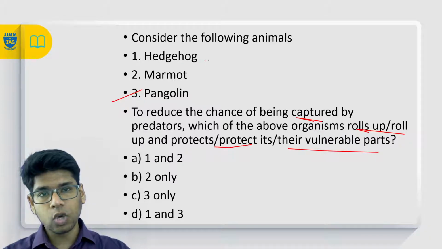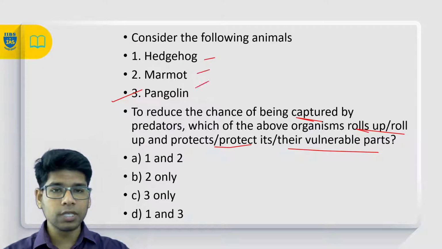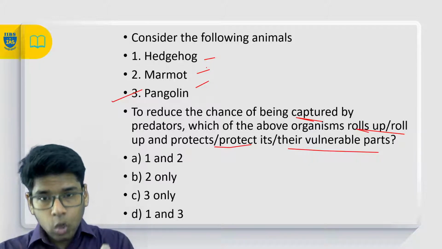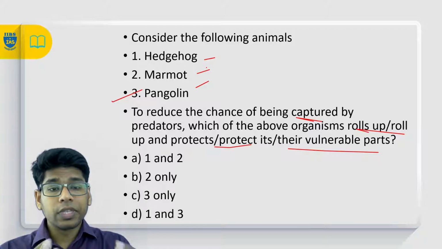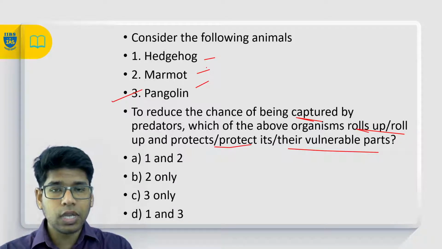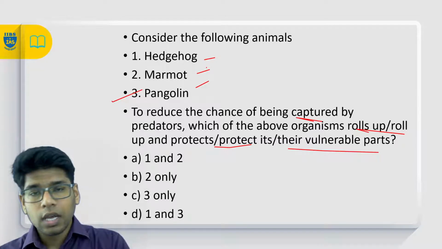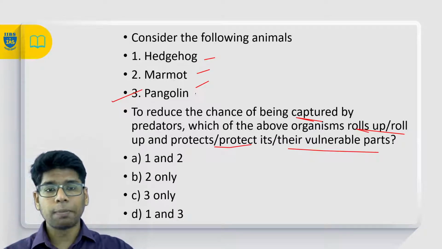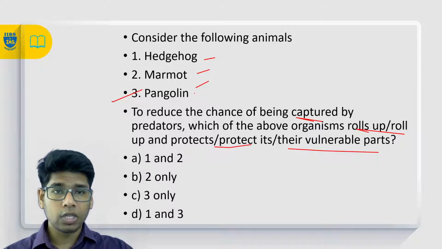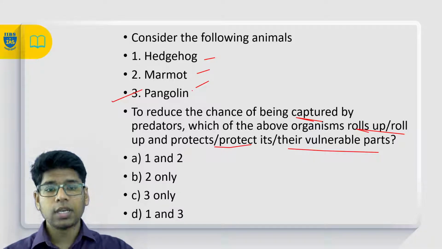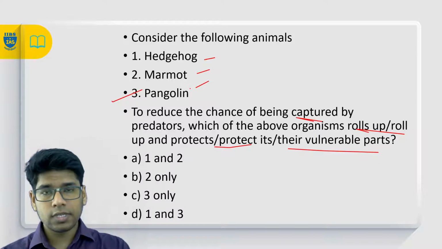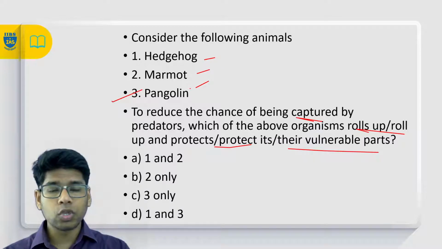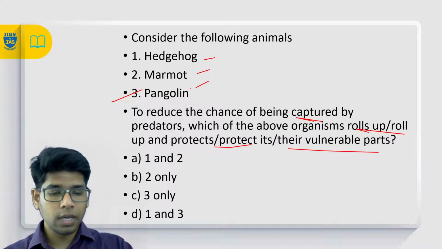So, among these animals, which ones actually roll in such a way that the sensitive areas are covered so that the predators cannot eat them? In this, the hedgehog and the pangolin are the animals which roll themselves so that the outer exoskeleton is exposed and the predator cannot prey on them.